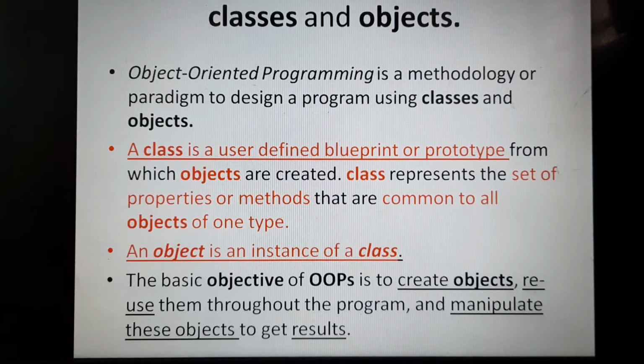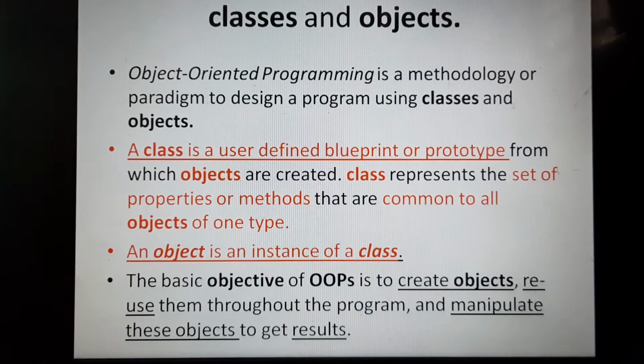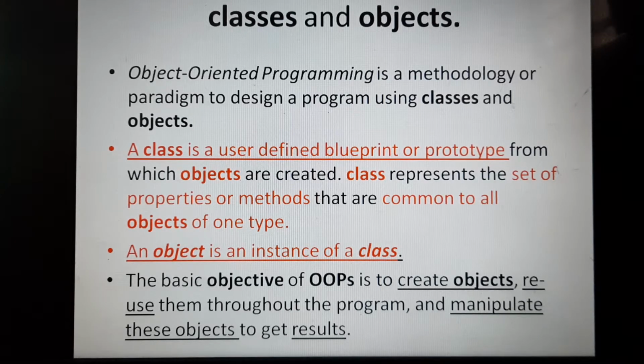A class is a user-defined prototype or blueprint or user-defined data type which is used to create objects. So a class represents a set of properties or methods that are common to all the objects of one type.